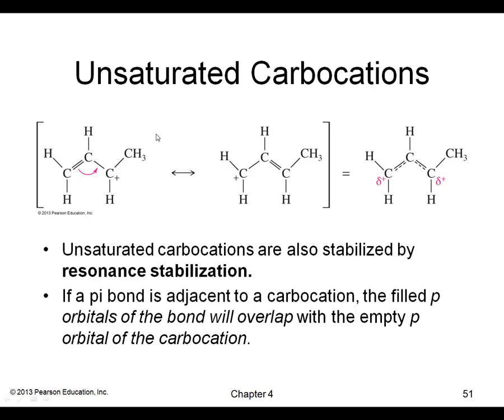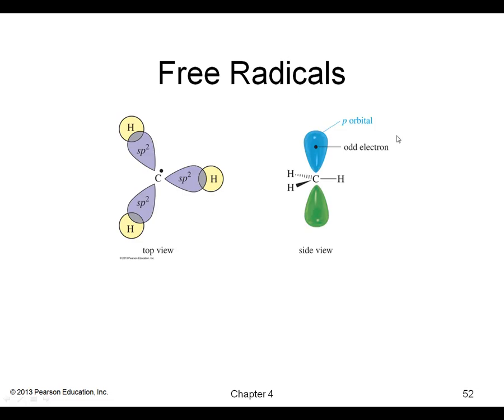Okay, so here's resonance that we will again hold off until organic chemistry part 2. Okay, here's a picture of a radical. So this odd electron, or the radical, is in the p orbital.